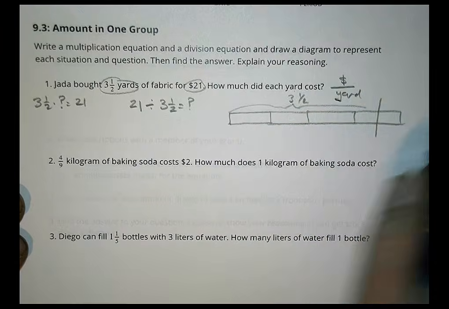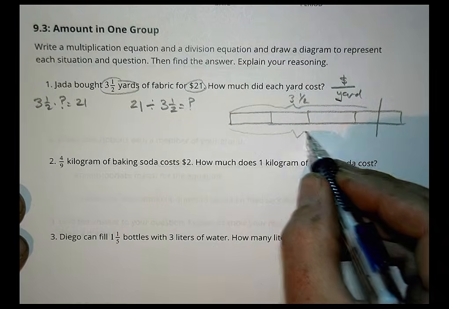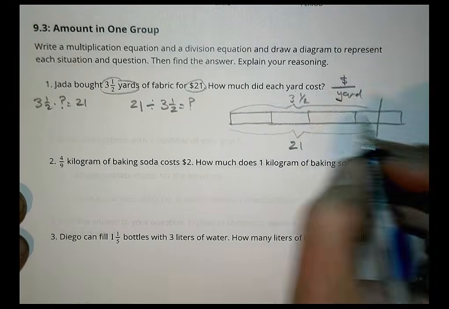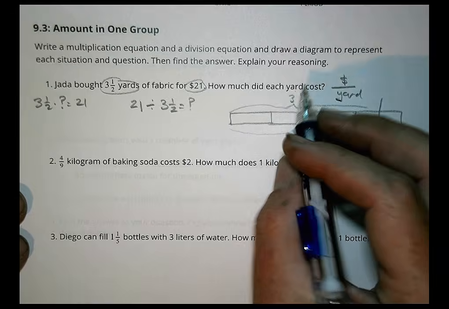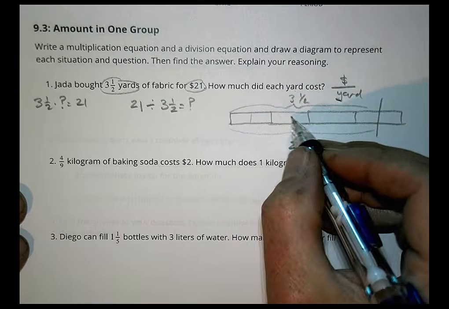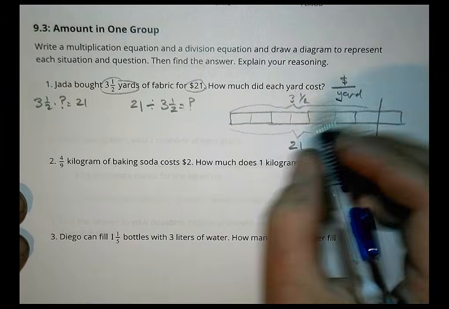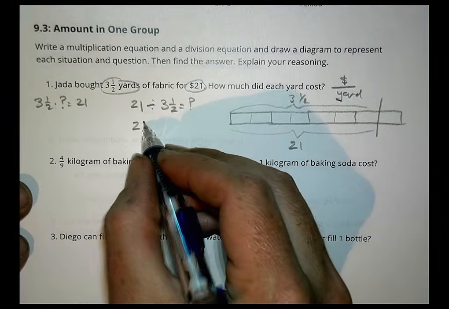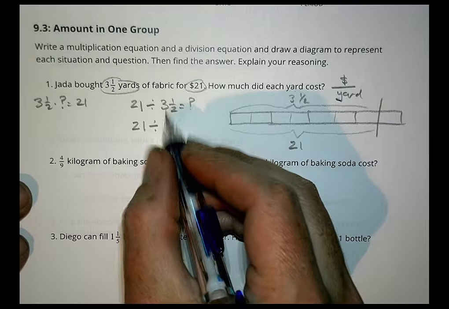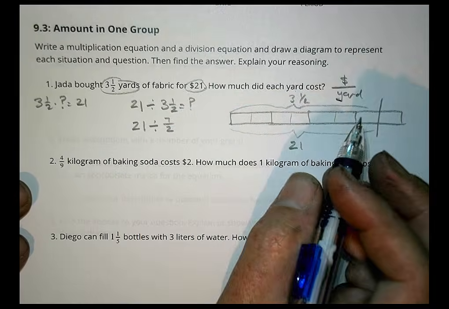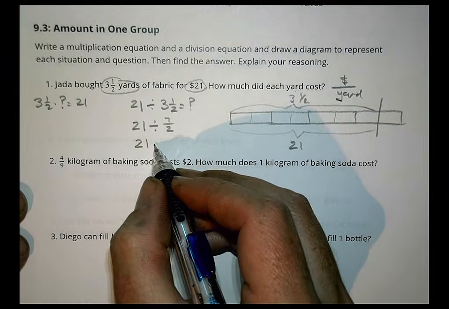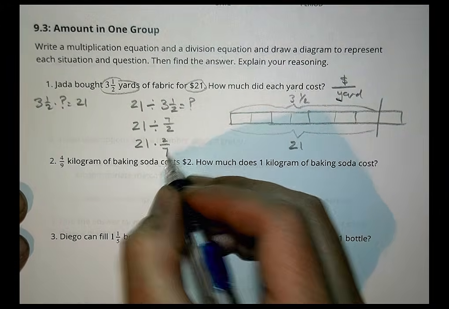We know that this whole amount here is $21. If I think about this as being halves, half a yard, 1, 2, like so, I end up with 7 halves of a yard. The reason I say 7 halves is because this could be rewritten as 21 divided by 7 halves. So that's what we're looking at there. To solve this, we're going to use 21 times the reciprocal, 2/7.